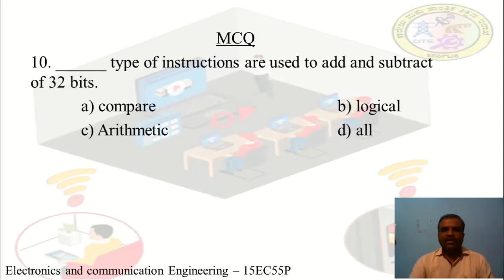Next question, dash type of instructions are used to add and subtract 32-bit numbers. Option A, compare, option B, logical, option C, arithmetic, option D, all of the above. And the correct answer is arithmetic type of instructions are used to add and subtract 32-bit numbers.